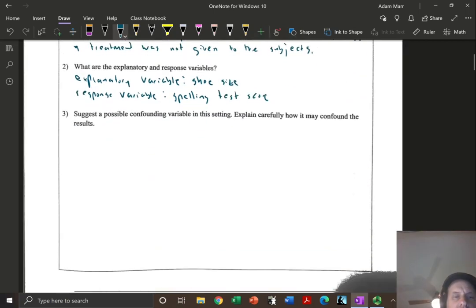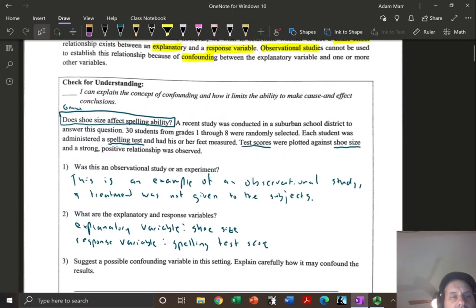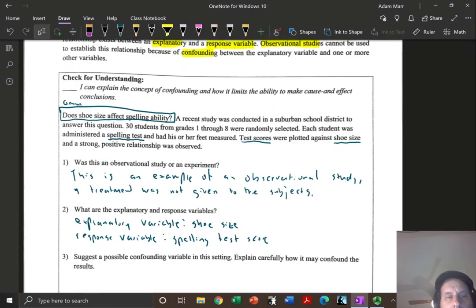Okay. Suggest a possible confounding variable in the setting. Explain how it may confound the results. So I'll be honest, when I first saw this, the first thing I noticed for confounding was the fact that it was conducted in a suburban school district right here.